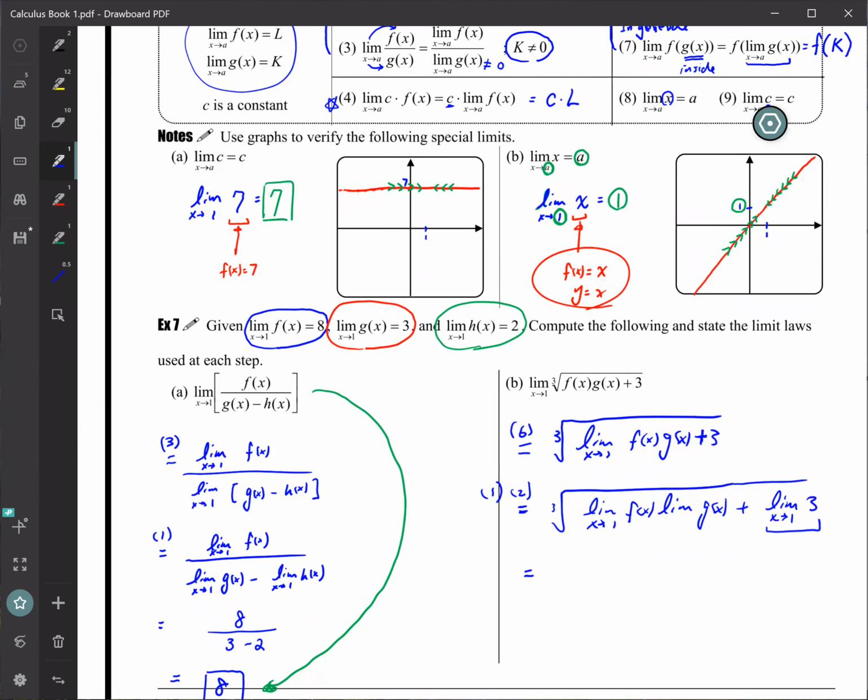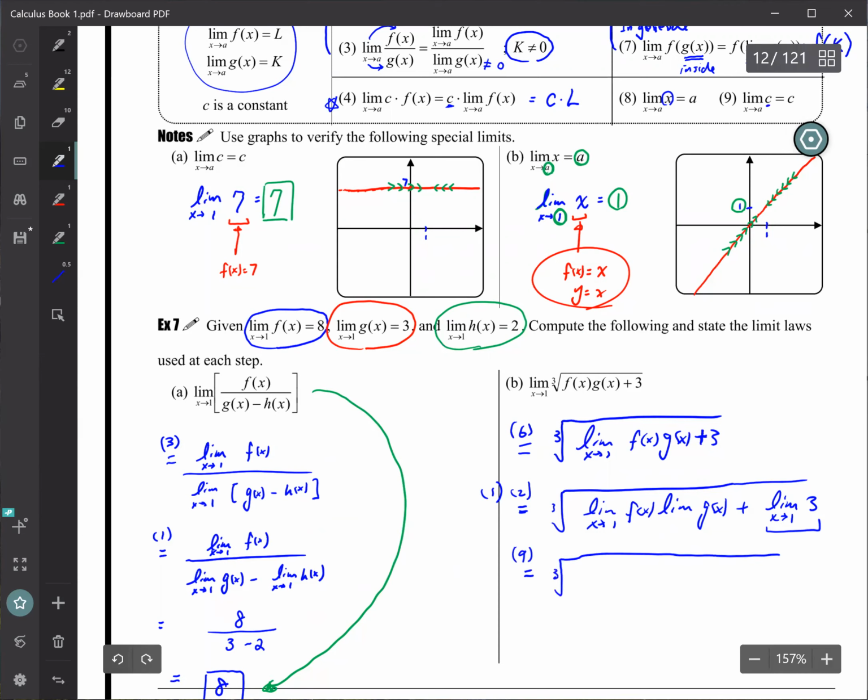Oh, law 9. Yeah, 9 is the one that has a constant, right? So here I can use 9, and at the same time I can plug in the numbers. So it will be the cube root of, what do we do, Emily? It'd just be the cube root of 8 times 3 plus 3.